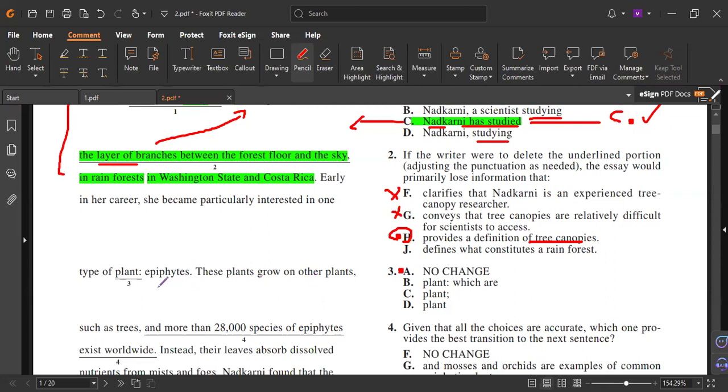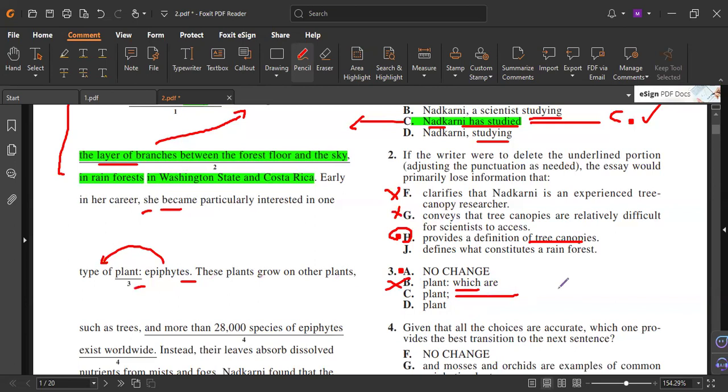Number 1, before the colon, it must be a complete sentence. It's already complete. We have a subject and a verb and then complements, and the information after the colon tells you what the type of the plant is. So for B, it's a little bit redundant, we don't need "which are". And if you wanted to use "which are" here, it must be a question. This is a full stop. So B is wrong by all means.